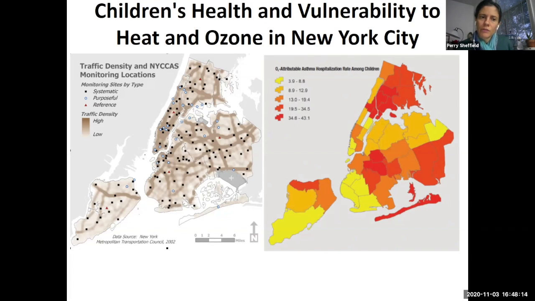The brown shading has to do with traffic density, because that's one of the biggest drivers of a number of pollutants in the city.